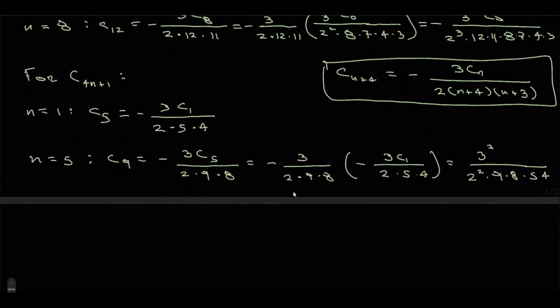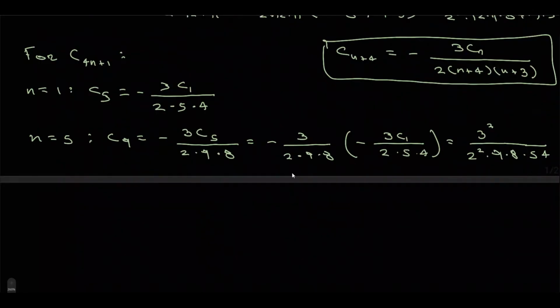And one more coefficient, and we should be ready to write this in summation. All right. So that means n equals 9. That'll be c sub 9 plus 4, that is c sub 13. That is negative 3 c sub 9 divided by 2 times 9 plus 4, that is 13, times 9 plus 3, that is 12.